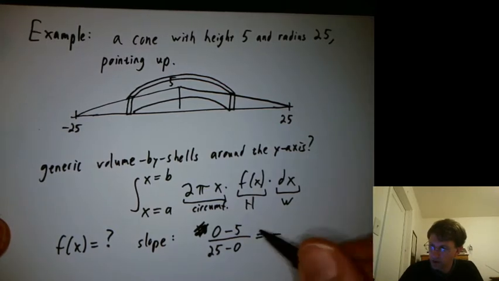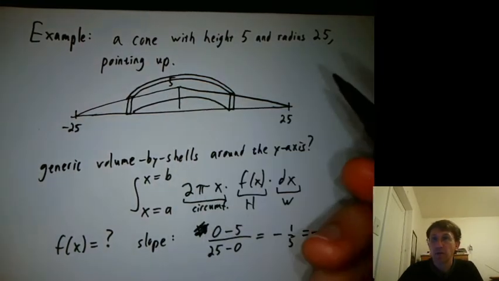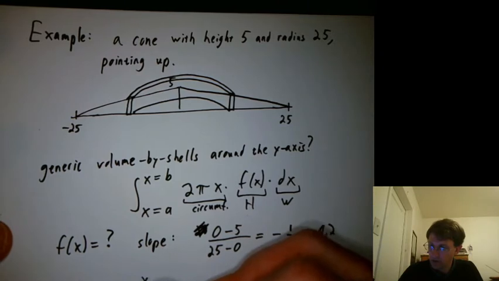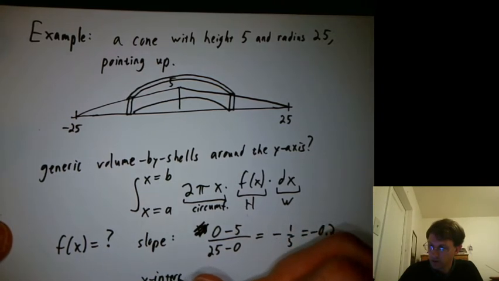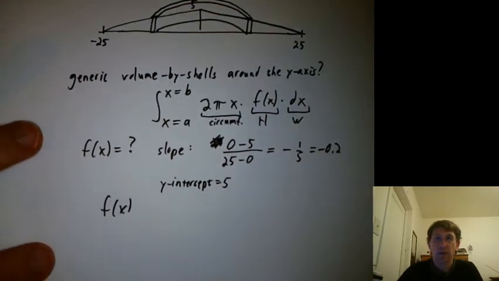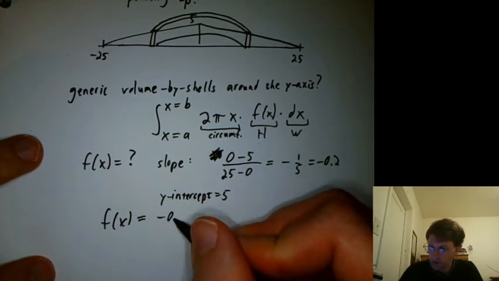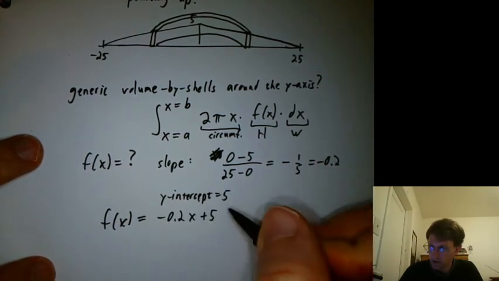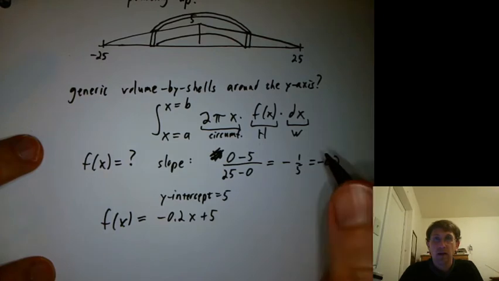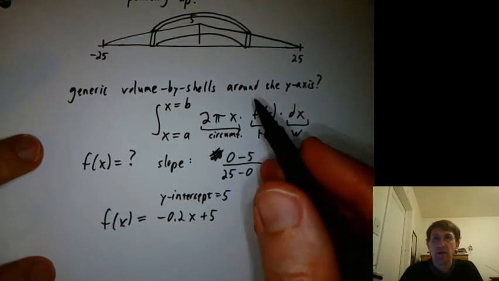So that's overall negative 1/5, or negative 0.2, and the y-intercept is clearly 5. So f of x equals negative 0.2x plus 5. That tells me f of x, and that's basically all I need to fill in there.